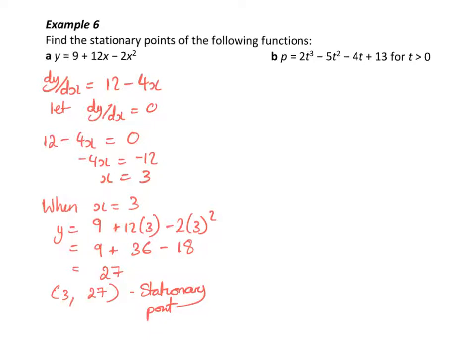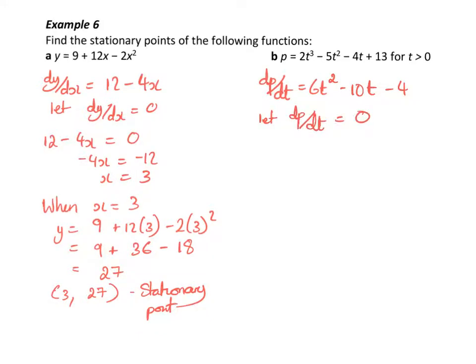Now this time we've got p in terms of t, so we're going to do dp/dt to find the gradient of that, and we get 6t squared minus 10t minus 4, and of course we're going to let dp/dt equal to 0.